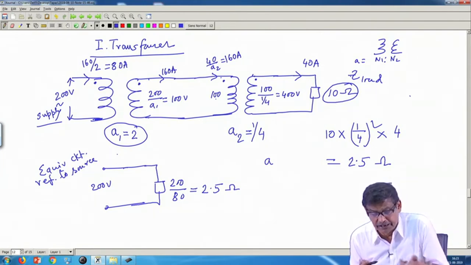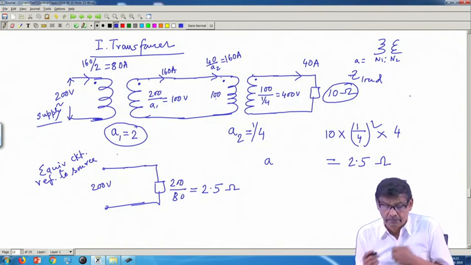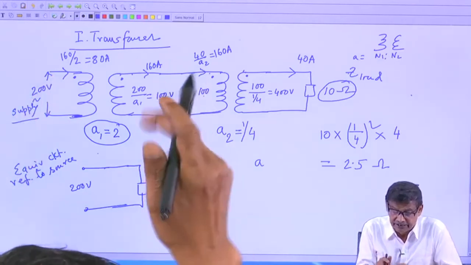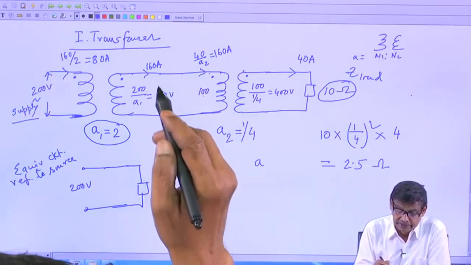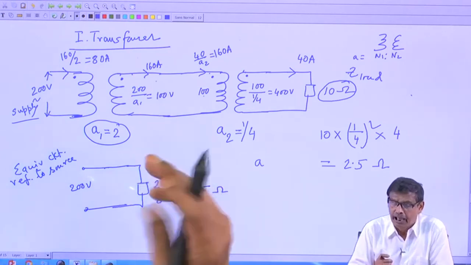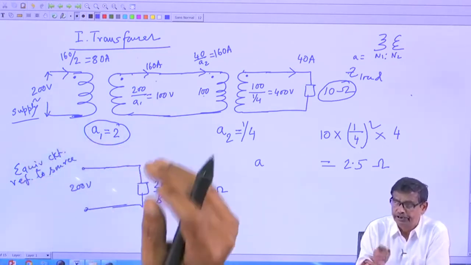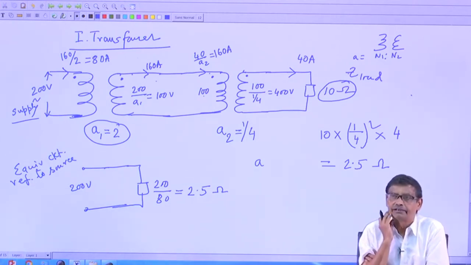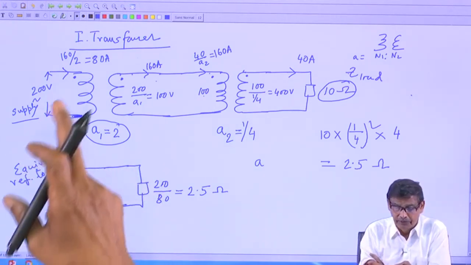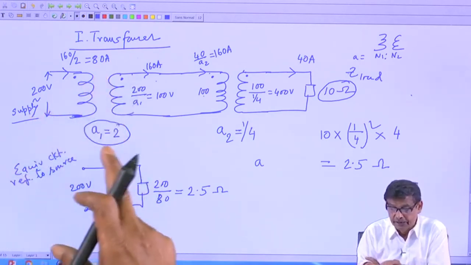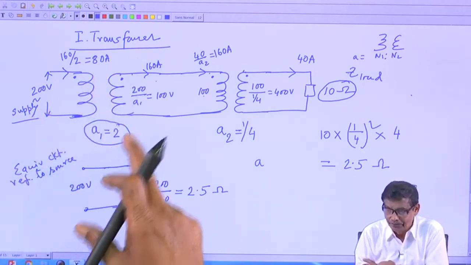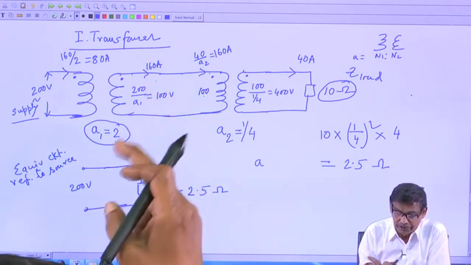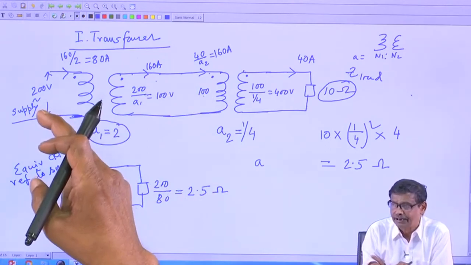So, you have to divide it by 2, and if you know this side current, which is LV side, I know which one is LV, which one is HV, and I am telling you LV side current is always higher. Therefore, this current 80 ampere should be multiplied by 2 to get 160, or if you know 160, it should be divided by this A to get 80.